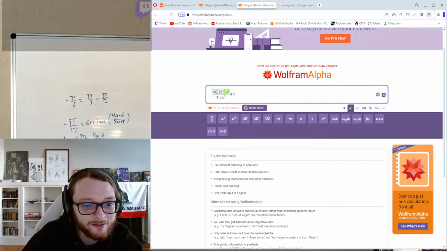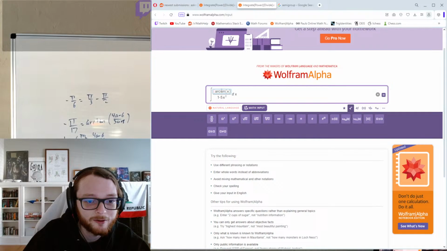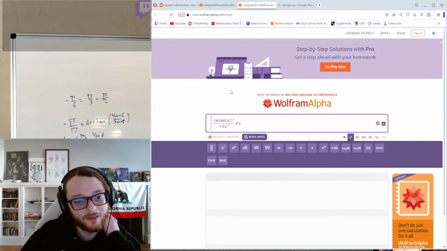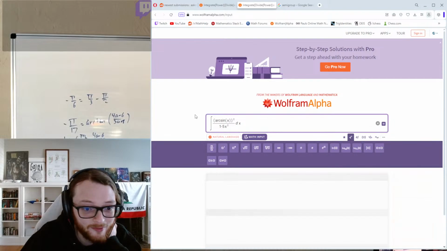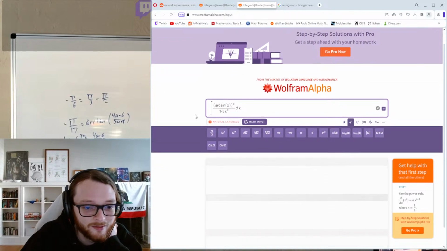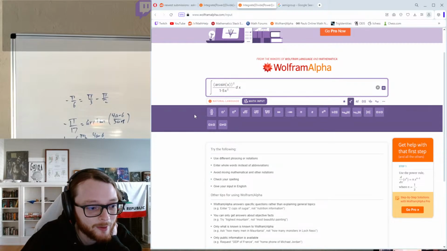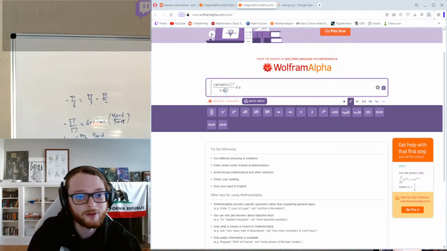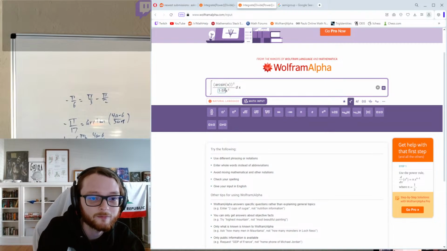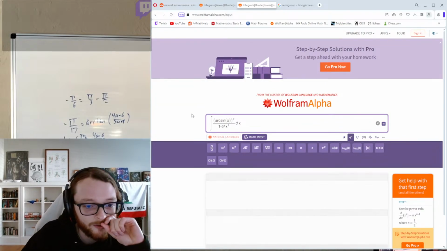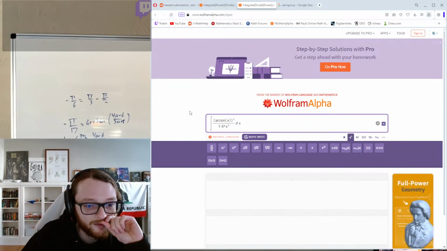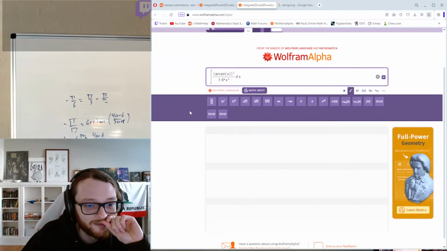What if I brought the squared to each part of the fraction? Is it like this? Why isn't it like this? So I'm supposed to do 5 times x squared? It's not going to like that.